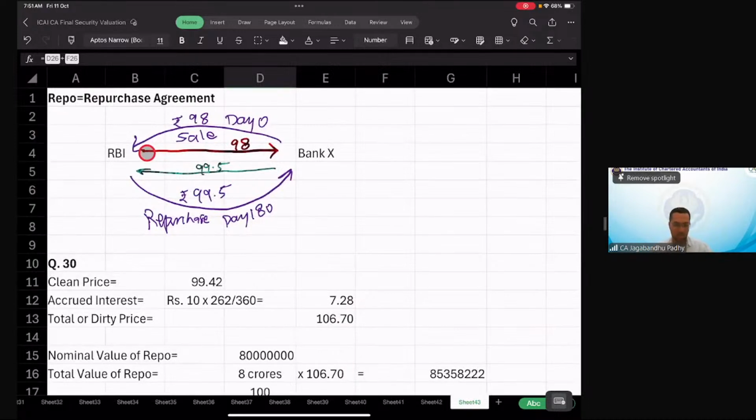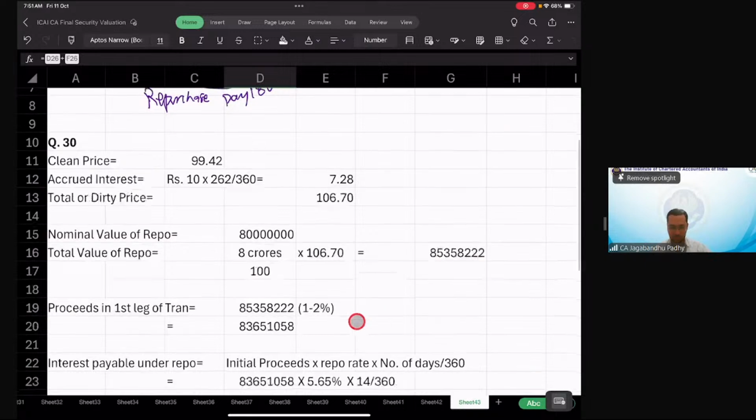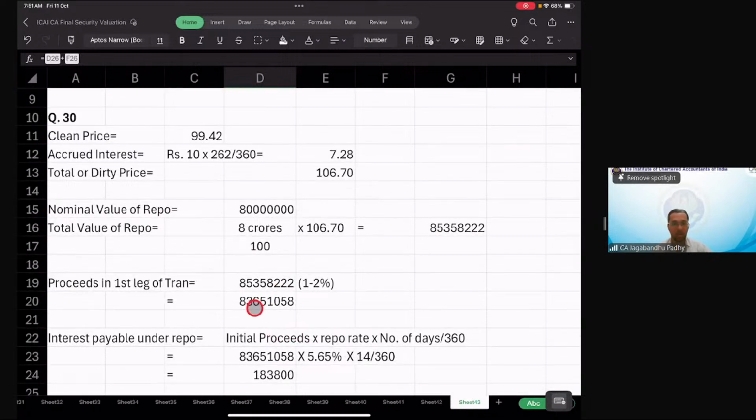So on day 0, this is the amount, which is 8 crore 36 lakh 51,058 that is paid, and then the repayment happens after taking into account the accrued interest.